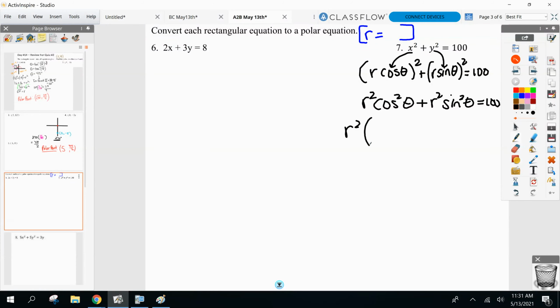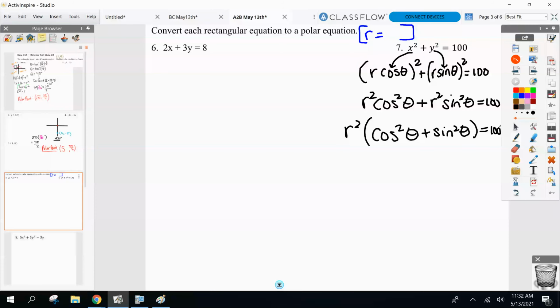What's left in both now? Cosine. Just cosine or cosine squared? Cosine squared. Good, yep. Theta plus sine squared theta. Good. Equals 100. I factor out an R squared. Sometimes I may just factor out an R, but they both had R squared, so I'll factor it out.